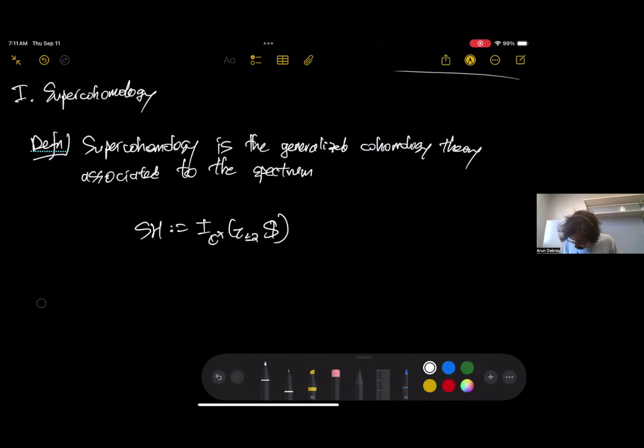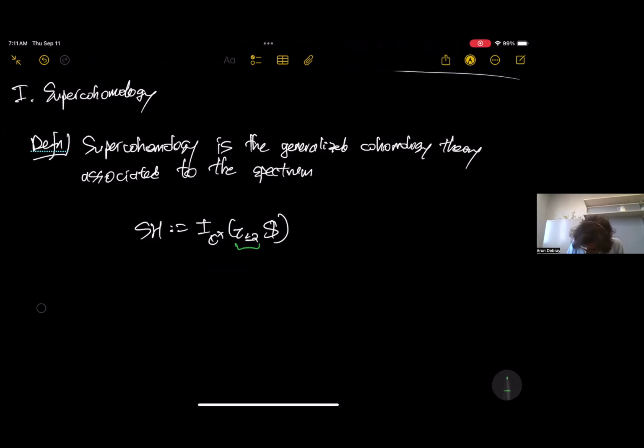So what's going on here? First, S is the sphere spectrum. We take the Postnikov truncation to degrees less than or equal to 2. So we just keep the Z, Z/2, Z/2.